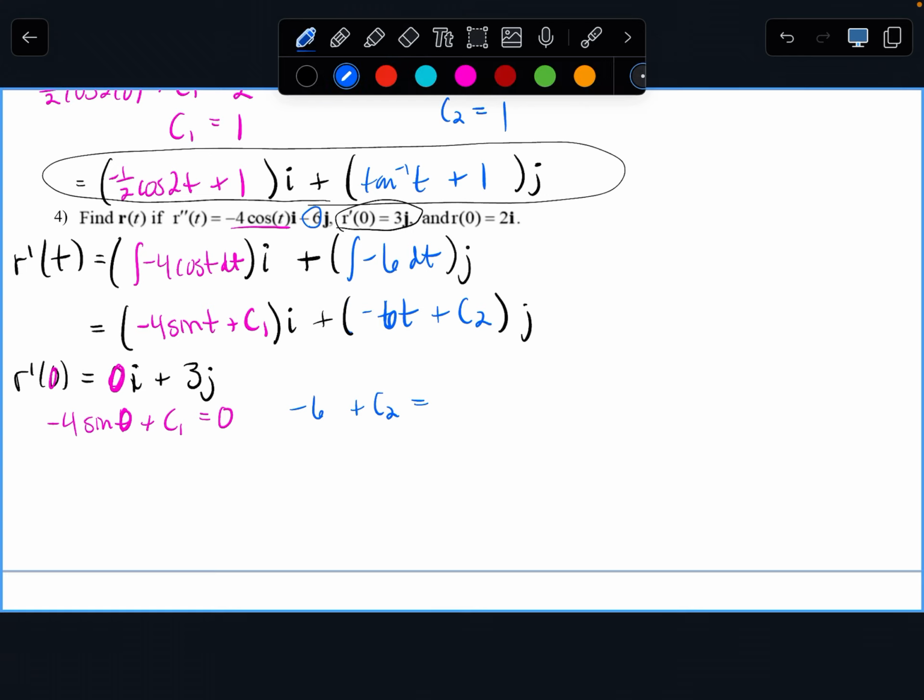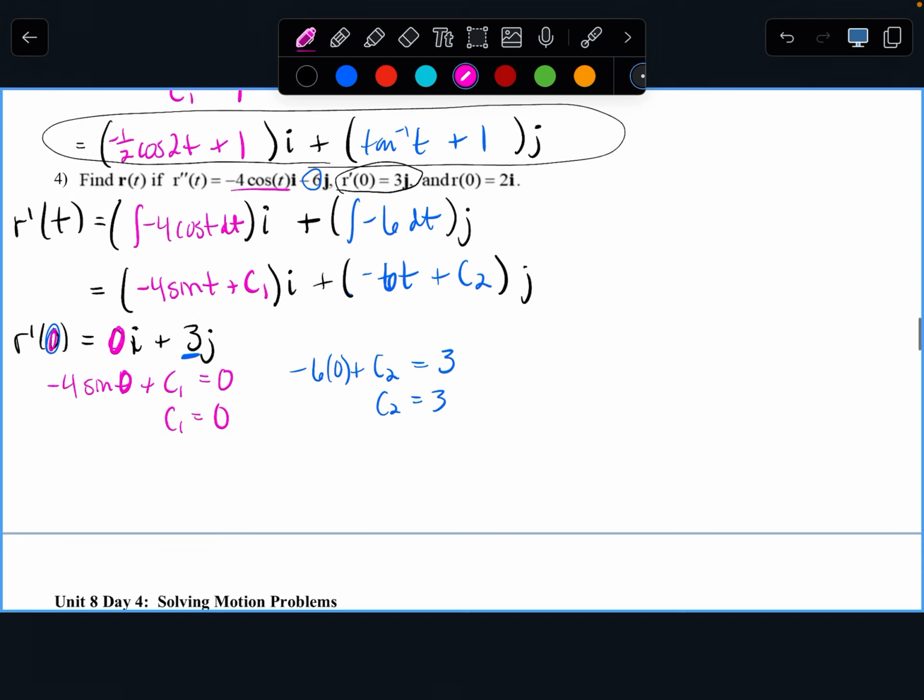I'm going to plug 0 in for t, but it's going to equal 3. And then you solve your c's. So this one is just 3. This one is 0. So that was anticlimactic.